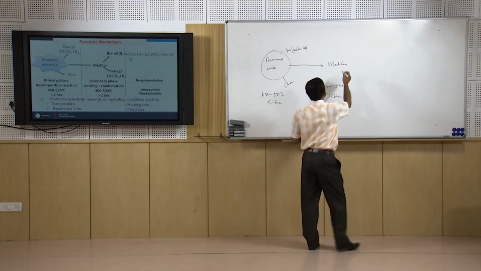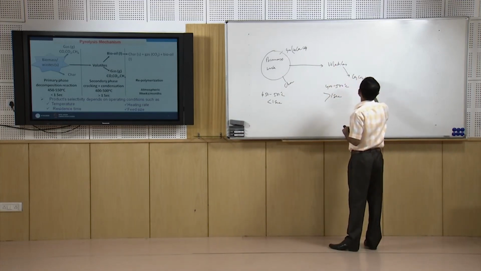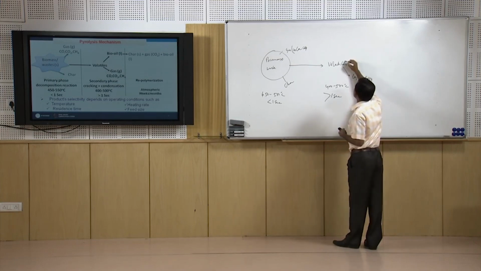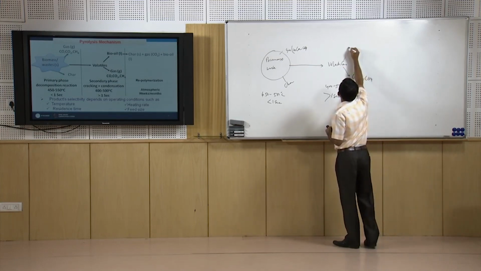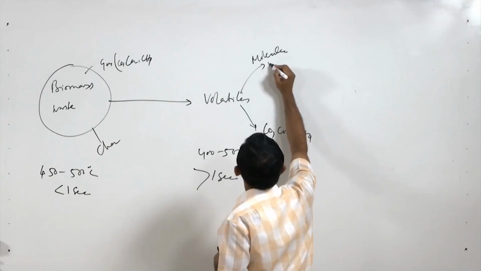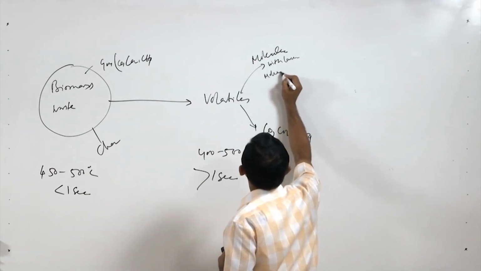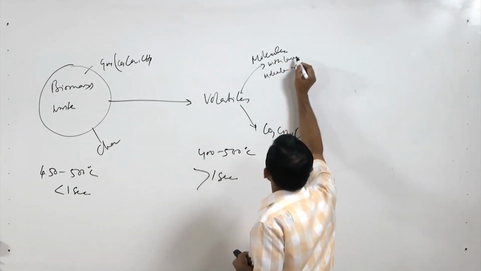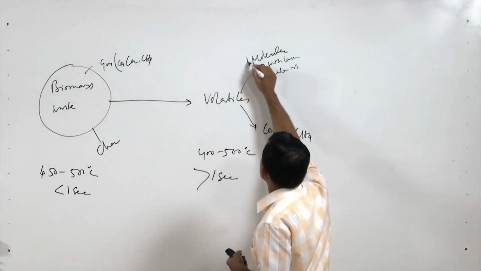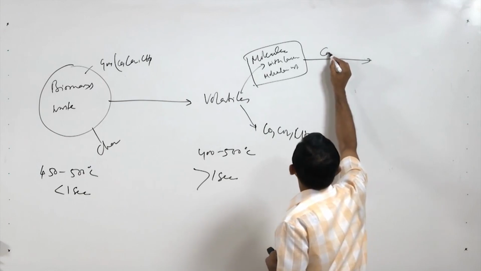This will give some gas molecules like CO, CO2, CH4, or some other molecules with lower molecular weight. This volatile, vapor phase material is further condensed.